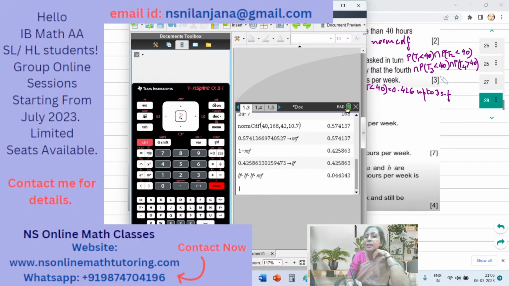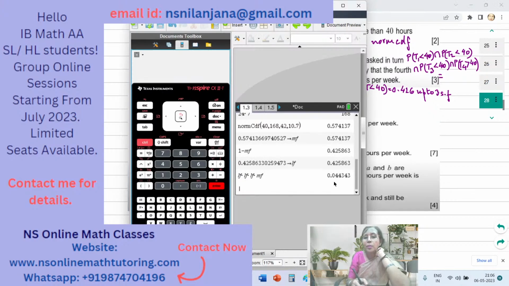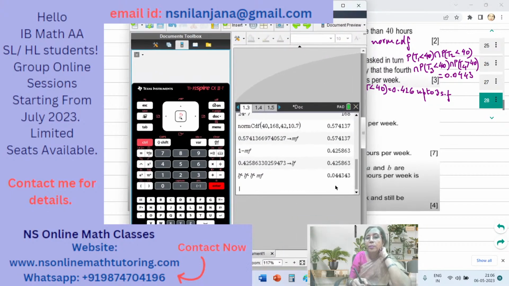So this is the product, which should be equal to 0.0443.